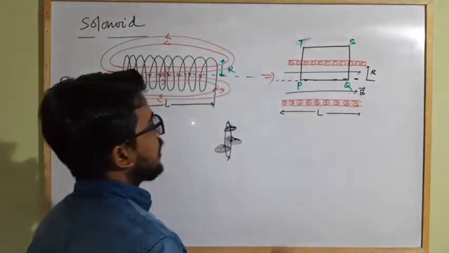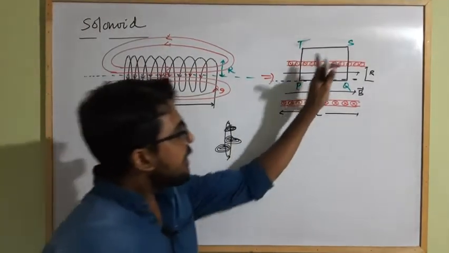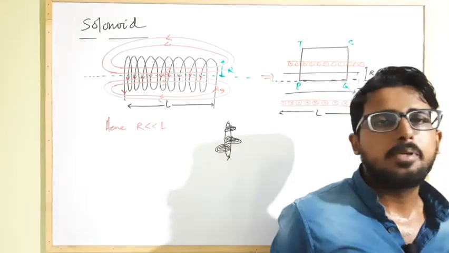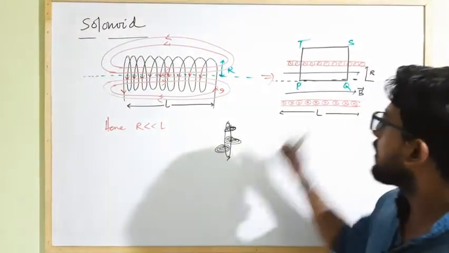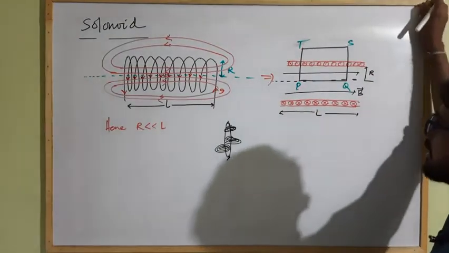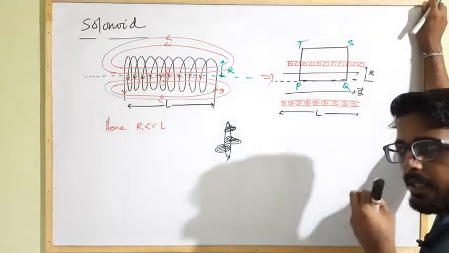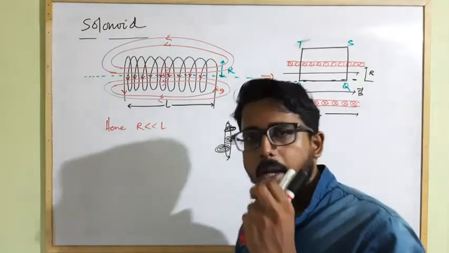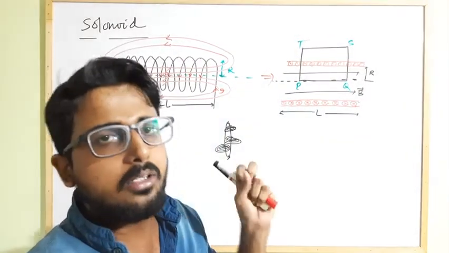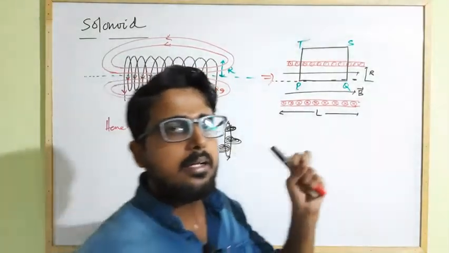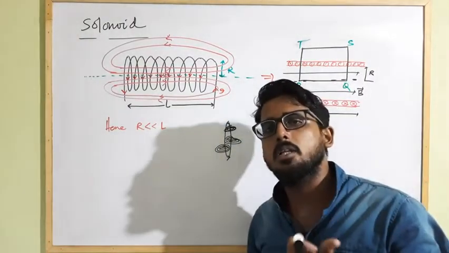Or just name it like this, PQST. Okay, why are we considering the Amperian loop as a rectangle? In the previous applications we considered the Amperian loop as a circular loop. Here we are considering a rectangle, because we have to choose the Amperian loop in such a way that across the loop the magnetic field strength is the same at each and every point, and the direction between dl and the magnetic field is either parallel or anti-parallel, or they are perpendicular.